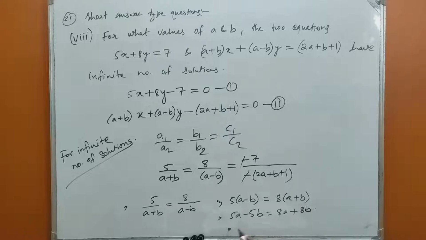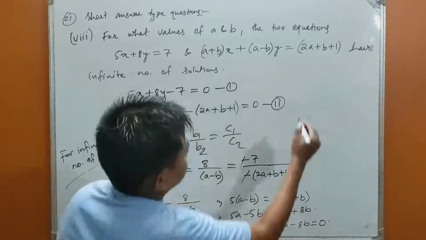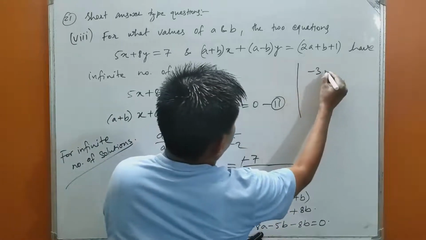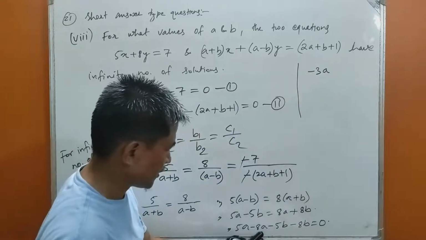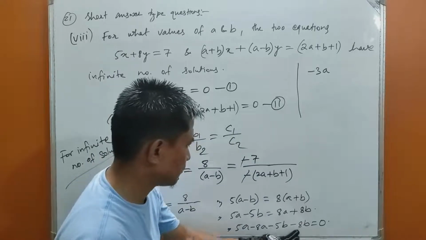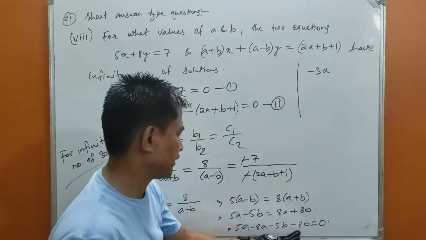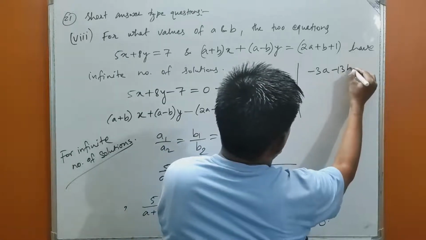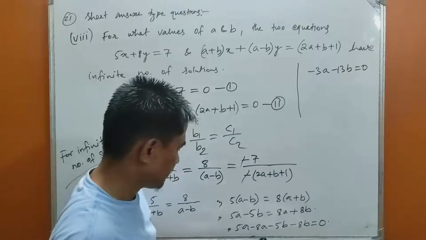Or let us bring everything to the left hand side. 5A minus 8A minus 5B minus 8B equals 0. 5A minus 8A is minus 3A, isn't it? Minus 5B minus 8B, both are same sign, so minus 13B.